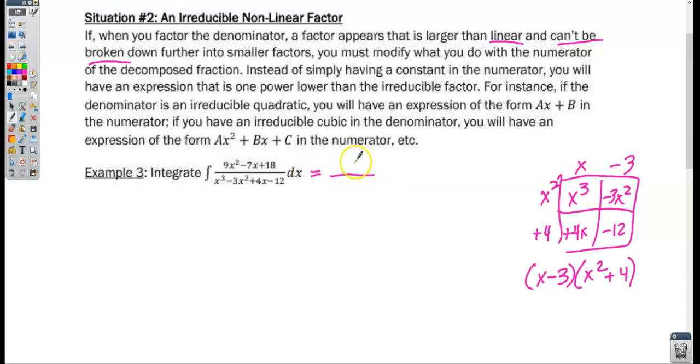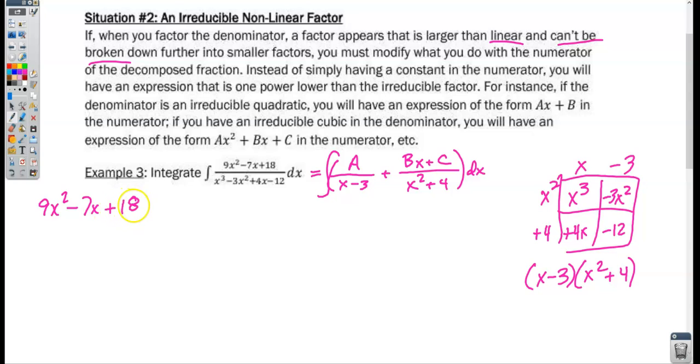So this is going to be equal to a over the quantity x minus 3 plus bx plus c over the quantity x squared plus 4, because we need the numerator to be linear over that quadratic denominator. And now we're going to multiply in order to get our system of equations. We need to match this numerator.